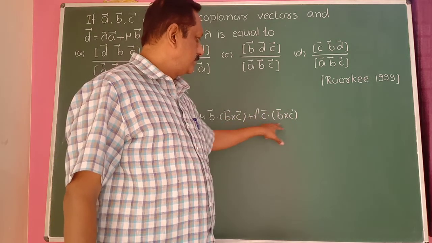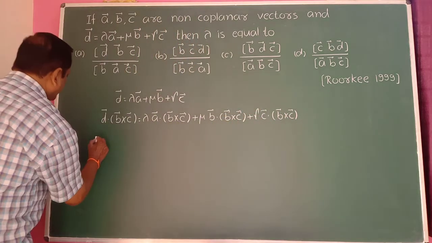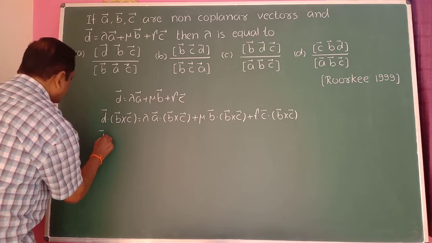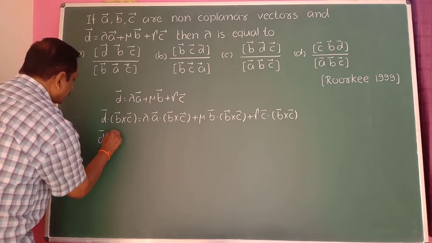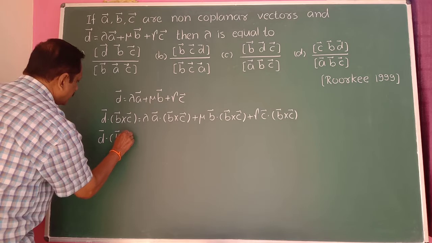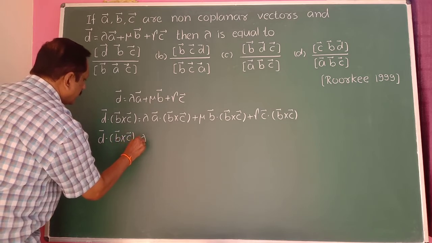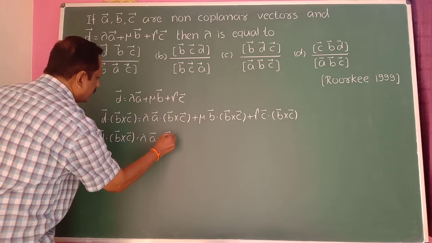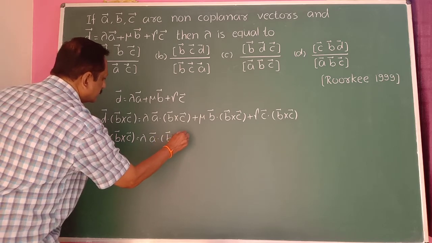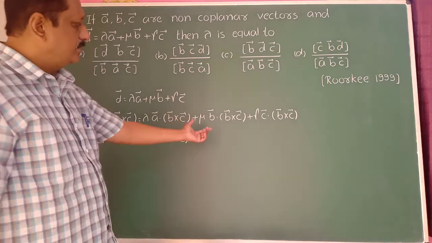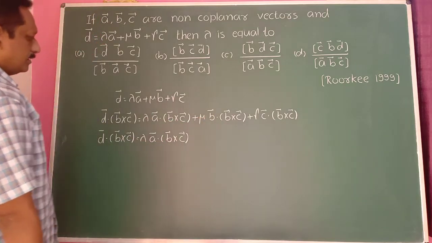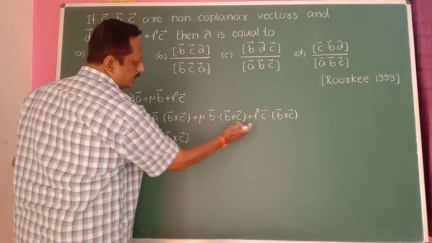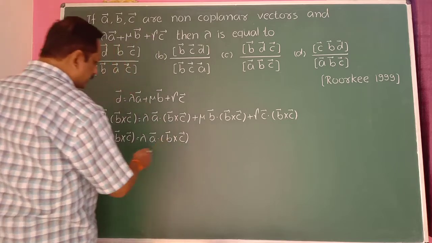So this becomes 0. Therefore, D bar dot of B bar cross of C bar is equal to lambda into A bar dot of B bar cross of C bar. These two become 0 here, because two vectors are identical. Cross multiply.